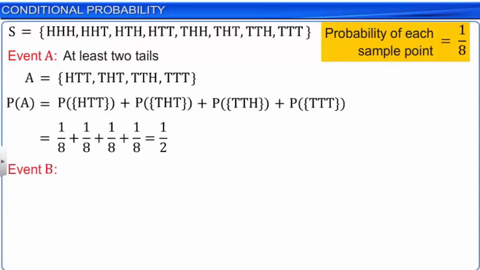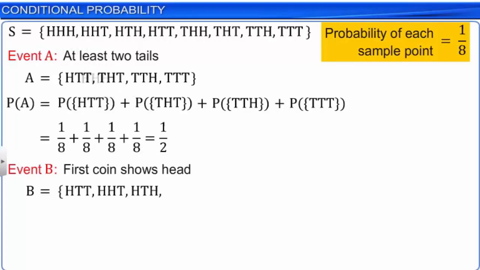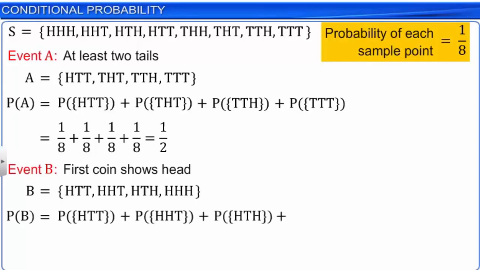Consider another event, B, where the first coin shows a head. The sample points of event B are HTT, HHT, HTH, and HHH. The probability of event B is equal to the sum of the probabilities of its sample points.